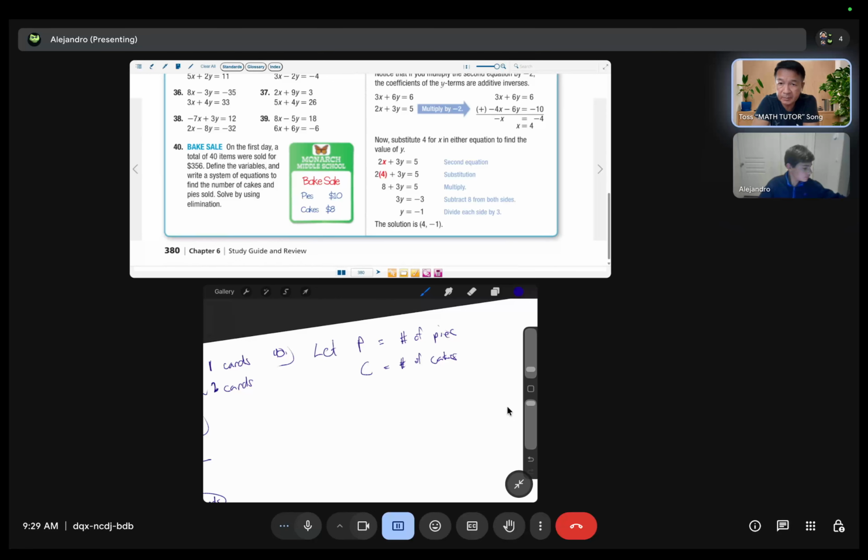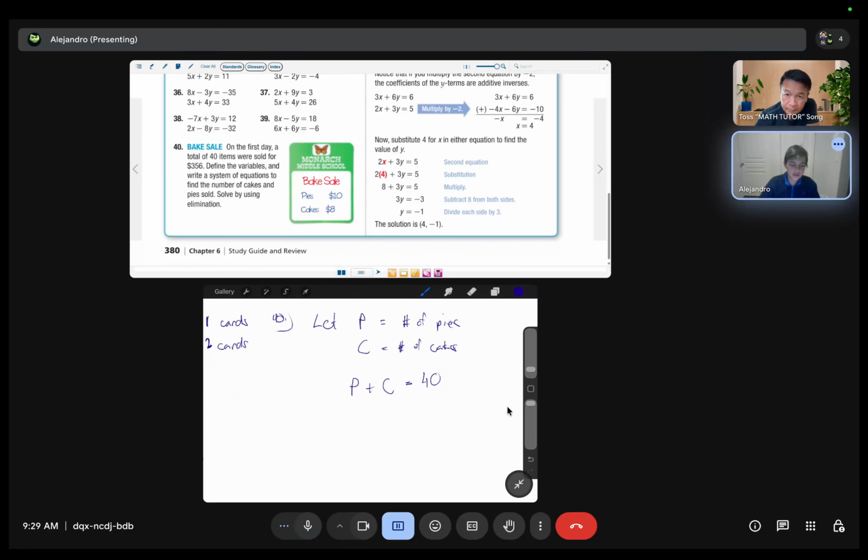All right, now let's set up the equations. So I think it would be P plus C equals 40. Yes, and then the second equation would be 10P plus 8C equals 356.